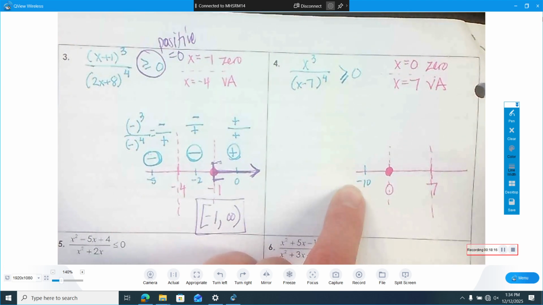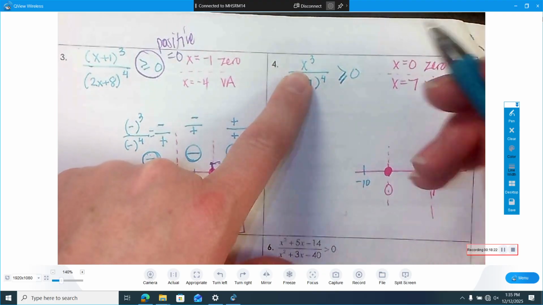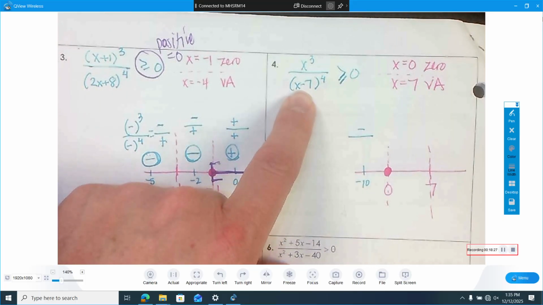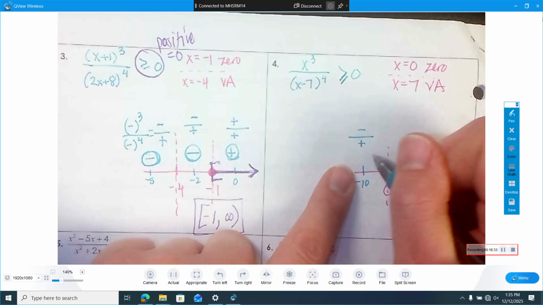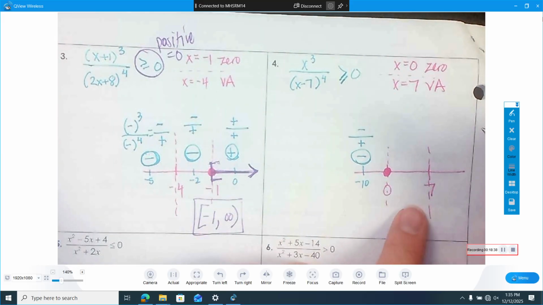I could use -1,000. It wouldn't matter. So here, if I take a negative and I cube it, what do I get? A negative. And here, -10 and a -7 makes -17. To the 4th power, what do we get? Positive. And overall, that's going to be a negative result. Good. Isn't that easy? It's so easy once you get used to it.